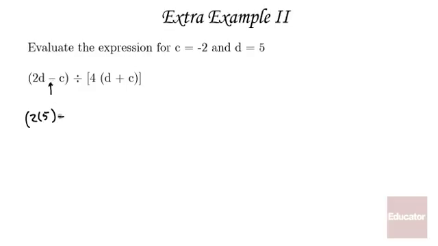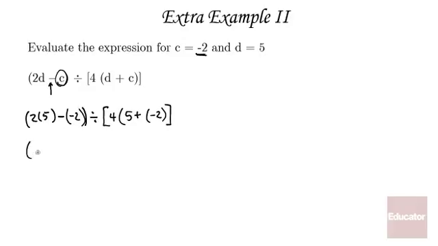Not only is there a subtraction sign, but the c itself carries with it a negative sign. So I have a double negative here. My d is a 5, and this is going to be plus a negative 2. Second parentheses. Okay, I'm going to work first inside the parentheses.